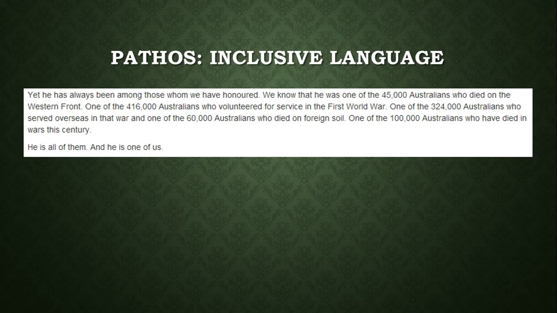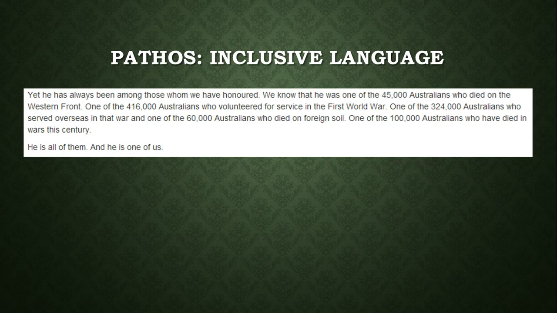Inclusive language is also really, really useful in speeches. The great thing about inclusive language, when the speaker includes the audience in on the command or on the appeal, it really gives us, as an audience, a sense of belonging and camaraderie, like we're all in this together.